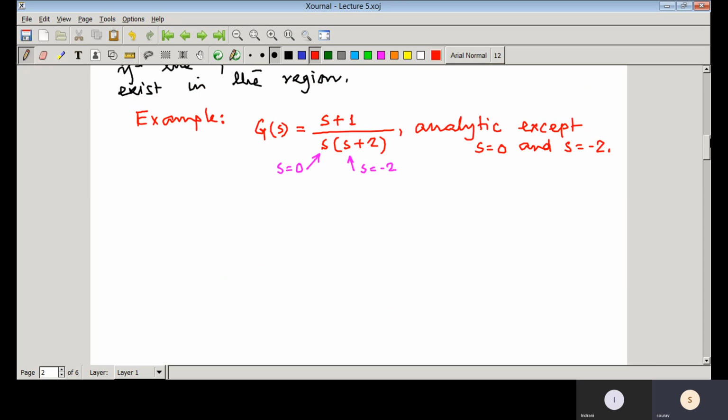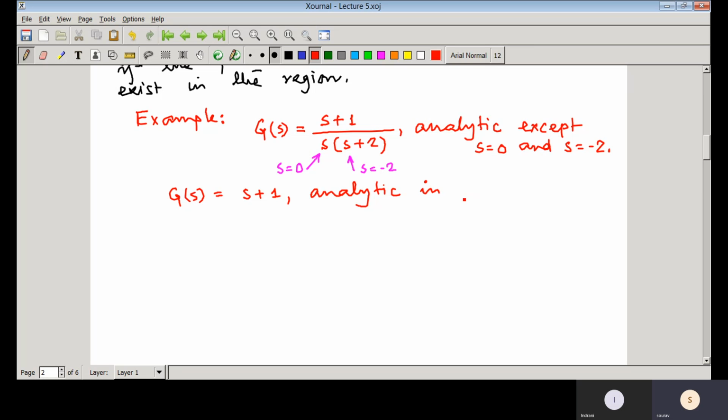Similarly, so this function I have taken a rational function. Similarly, if you take another function, so suppose gs equal to s plus 1. So it is very easy to understand that if you put any values of s here except infinite, so that means if you consider that finite s plane, this function is analytic. So that means it is analytic, and you can also check if you take derivative of that function, so all derivatives would exist.